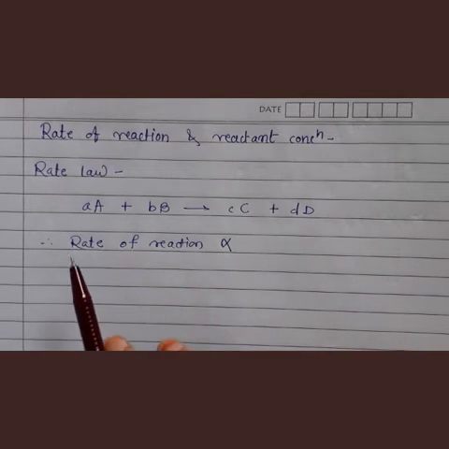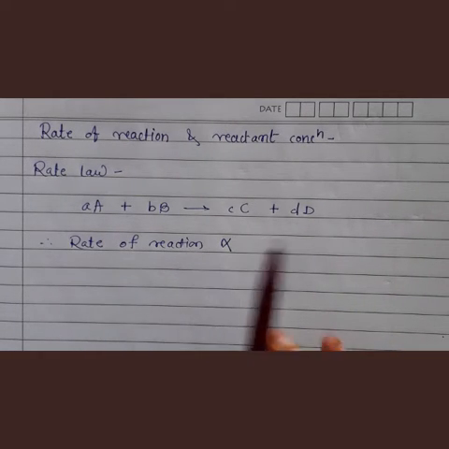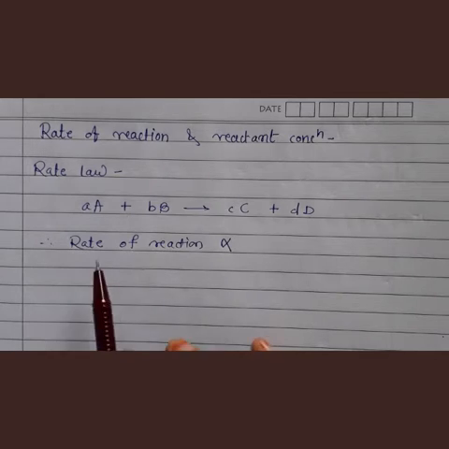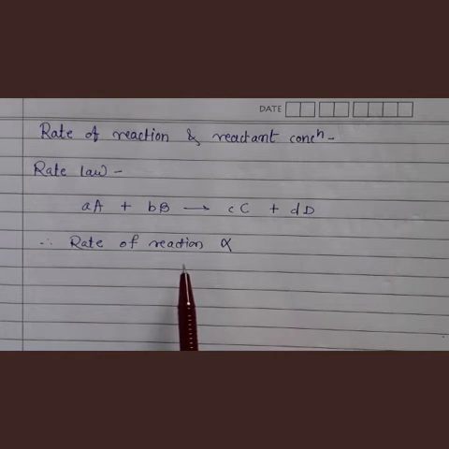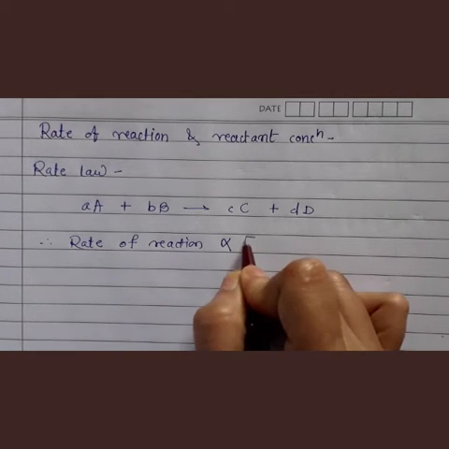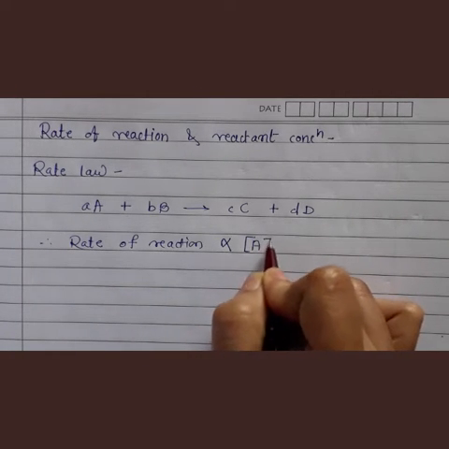So here we have to write the rate of reaction and the relationship between rate of reaction and reactant concentration. The rate of reaction at a given time is directly proportional to its molar concentration at that time raised to simple powers. So rate of reaction is directly proportional to the concentration of reactant.